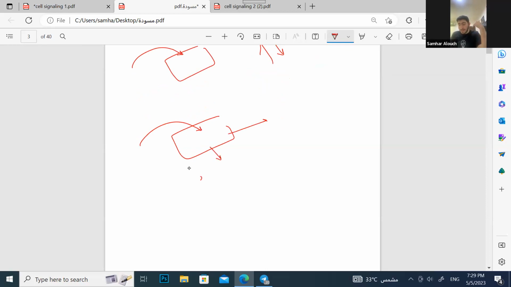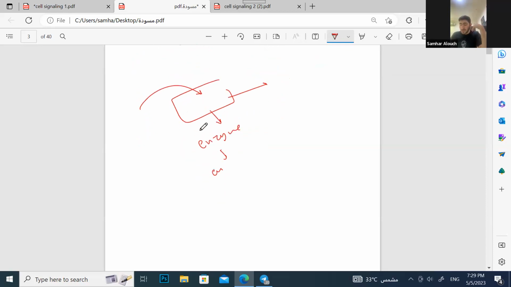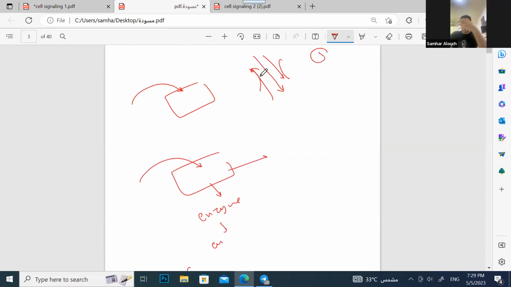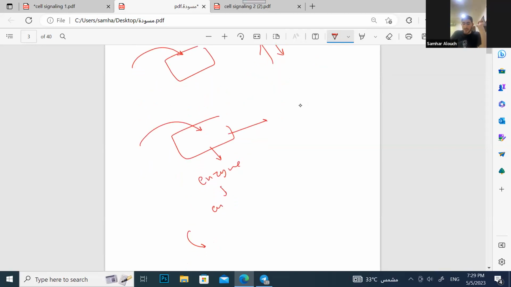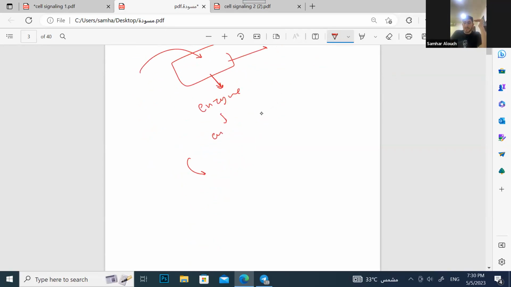So it activates an enzyme, and this enzyme activates another enzyme, and the second enzyme activates a third enzyme, and we continue till we activate something that causes a response. So we have 2 types. First, the one that opens the channels, causing ions to go in and out. And the second one is that after the ligand binds, it activates an intracellular signaling pathway, which is an enzyme activating another enzyme, activating another enzyme till we reach a response.